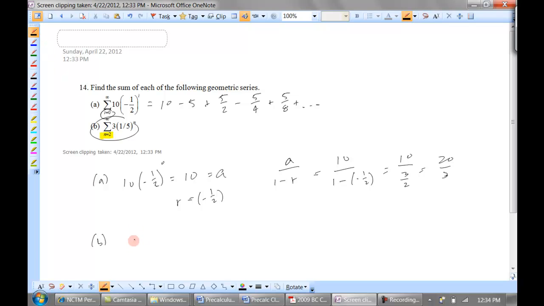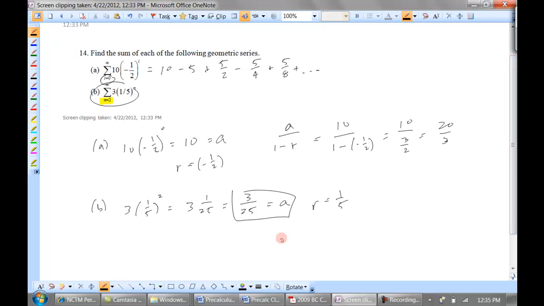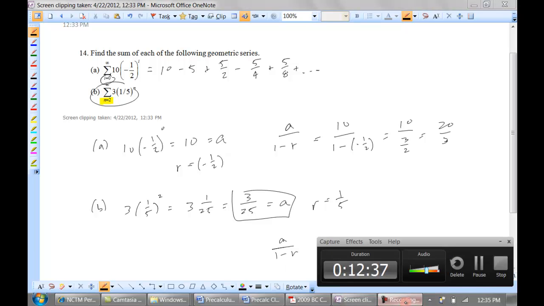So my first term is when n equals 2. My first term is 3 times 1/5 squared, which is equal to 3 times 1/25, which equals 3/25. So that's my first term. r is equal to 1/5, and now you can use the equation a over 1 minus r, and I'll let you work on that. Alright, so that's about it for infinite geometric series, and we'll come back and take a look at present value in a little bit.